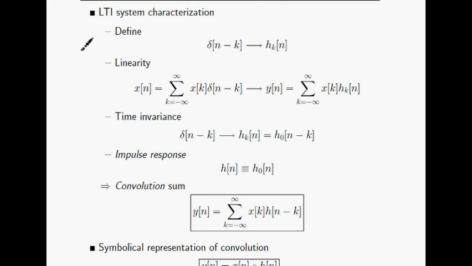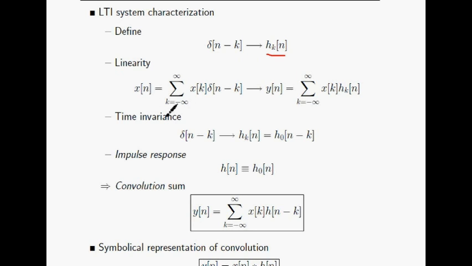Now let's see some LTI system characterizations. I am defining a function delta[n minus k], which when taken as input will give the output h_k[n]. I have defined it.